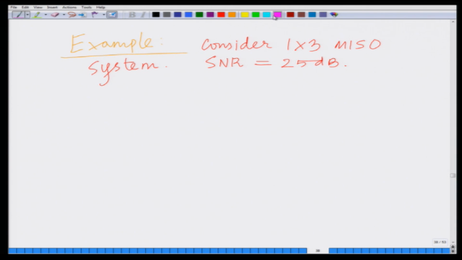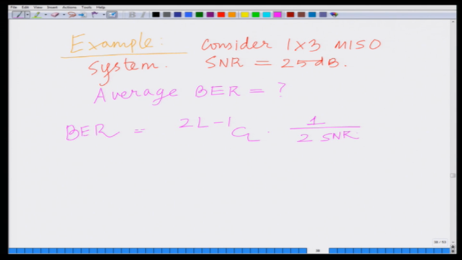The question we want to ask is: what is the average bit error rate of this system? The bit error rate equals 2L minus 1 choose L, 1 over twice SNR, raised to the power of 3.